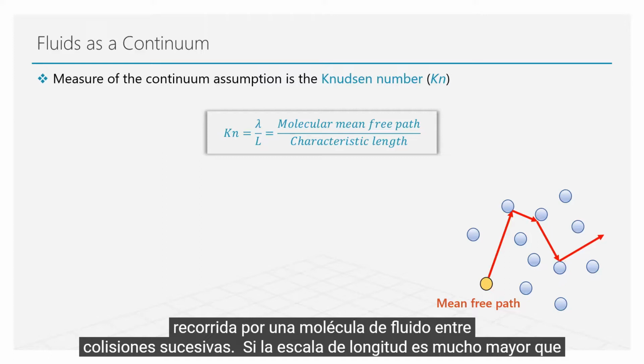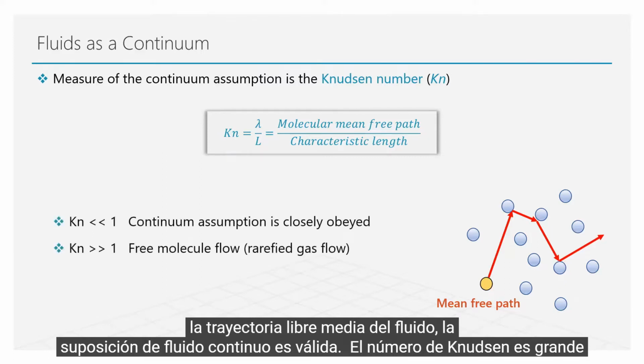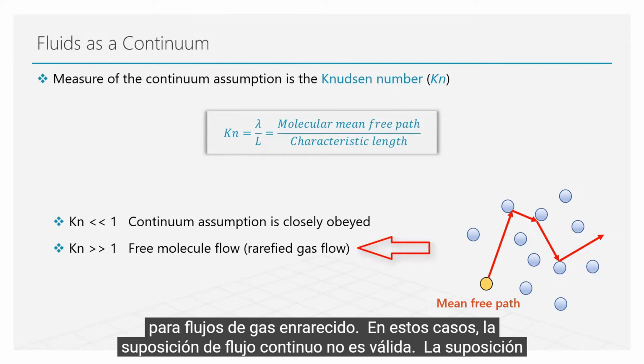If length scale is much larger than the mean free path, fluid continuum is valid. Knudsen number is large for rarefied gas flows. In these cases, fluid continuum assumption is not valid.